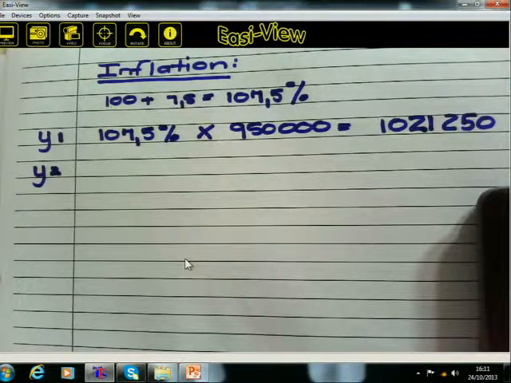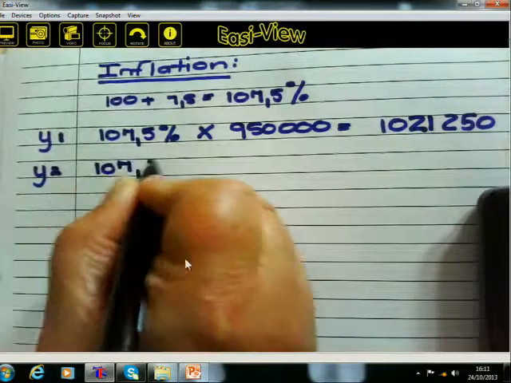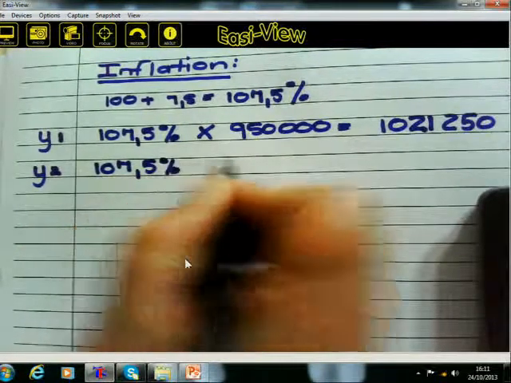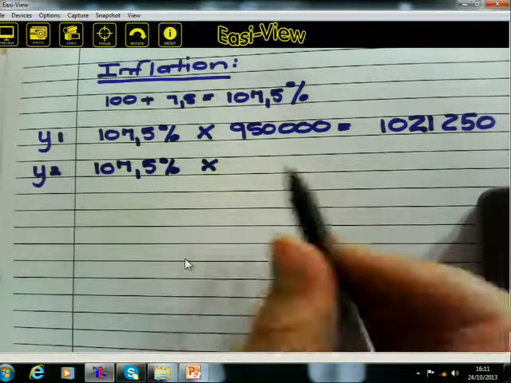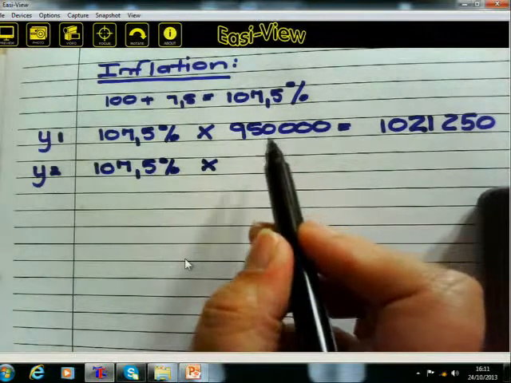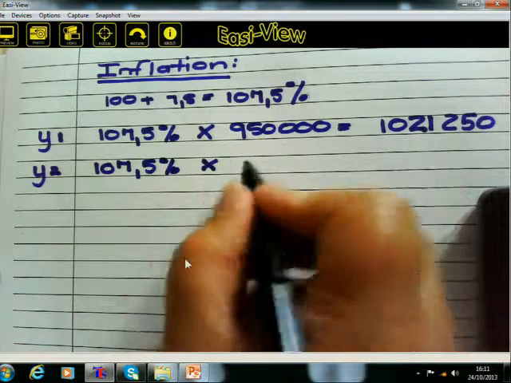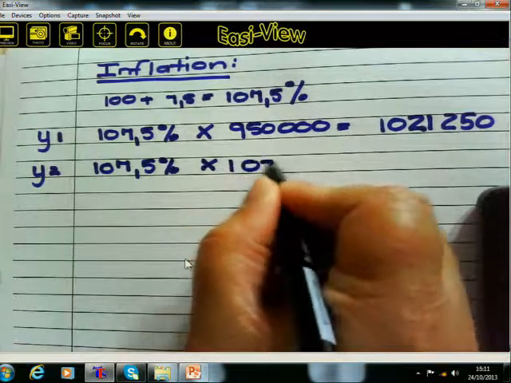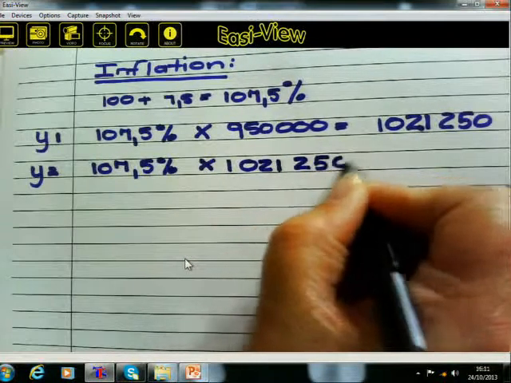But my inflation rate stays the same. So it's going to be 107.5% multiply, and remember this is the catching point, not on the original value, but on the inflated value, which is 1,021,250.